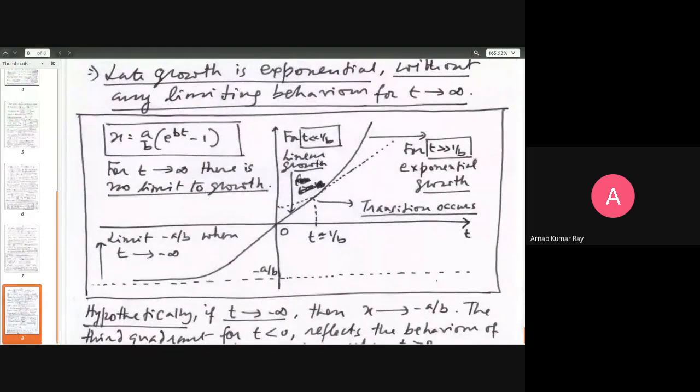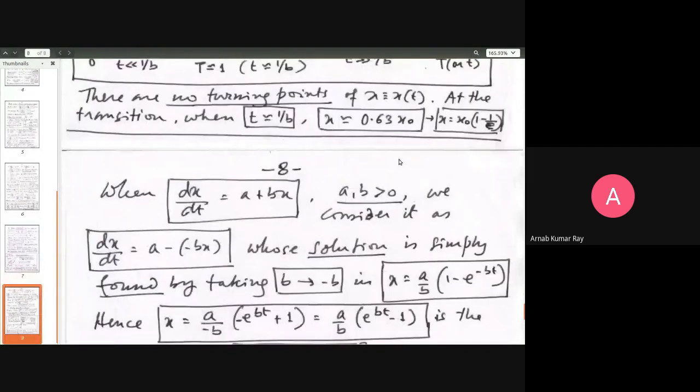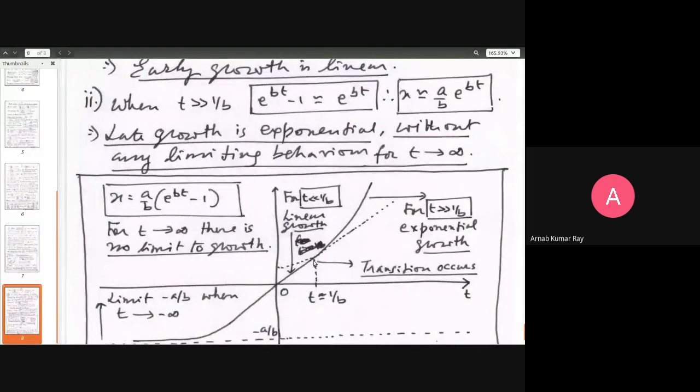So that is what it is. And as I said, for t going to infinity, there is no limit to growth. You'll have an exponential growth, and then you can see that the same system displays two kinds of dynamics, just as in the previous examples. Early growth is linear, later growth saturates. Here, early growth is linear, the later growth is exponential.